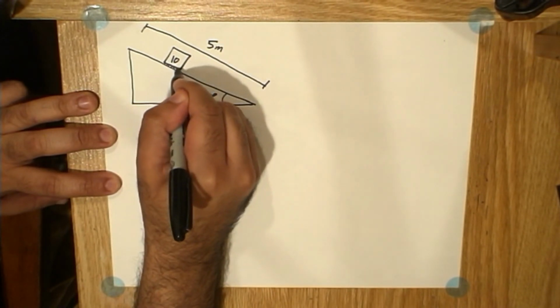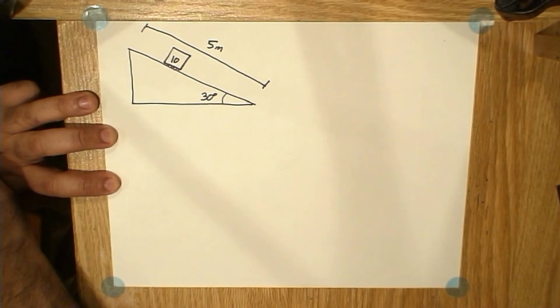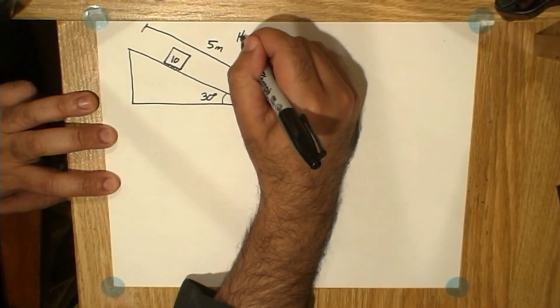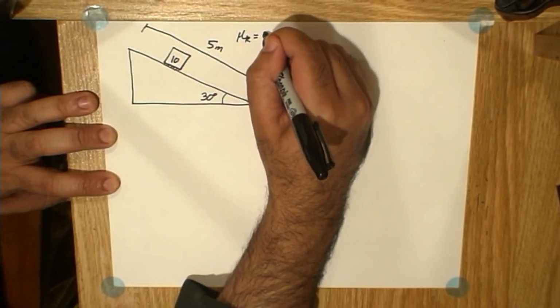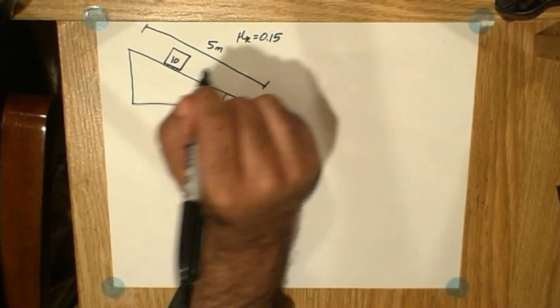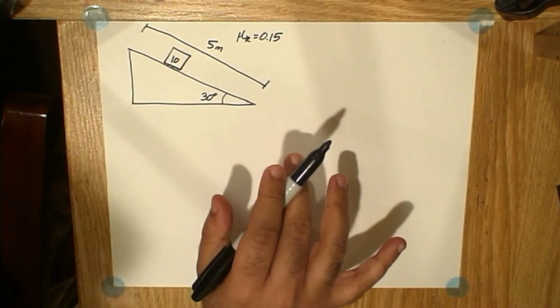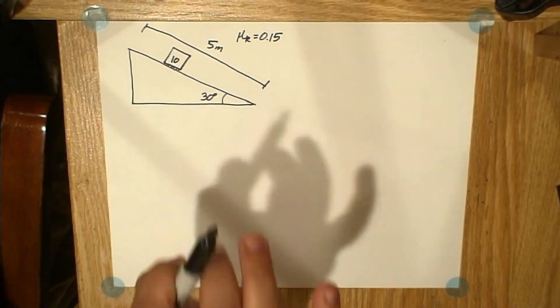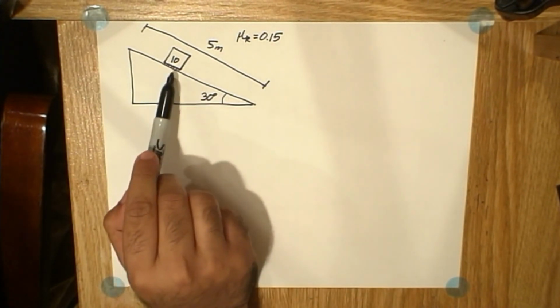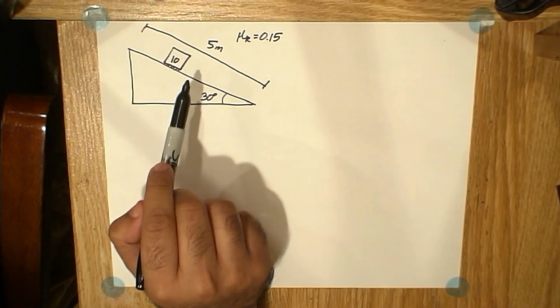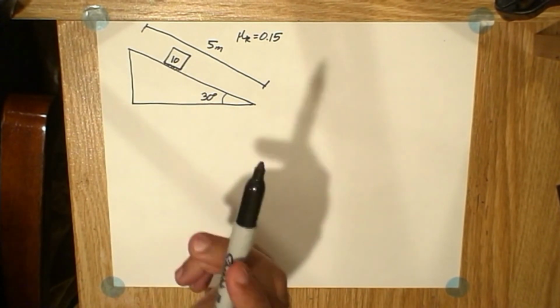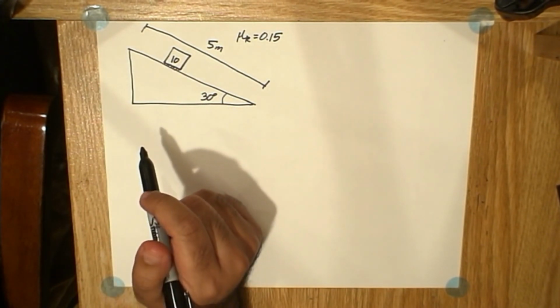And there is kinetic friction in this question. The coefficient of kinetic friction is 0.15. So knowing all of this information, we want to find out first, how big is the force of kinetic friction? And secondly, what is the work done by kinetic friction?